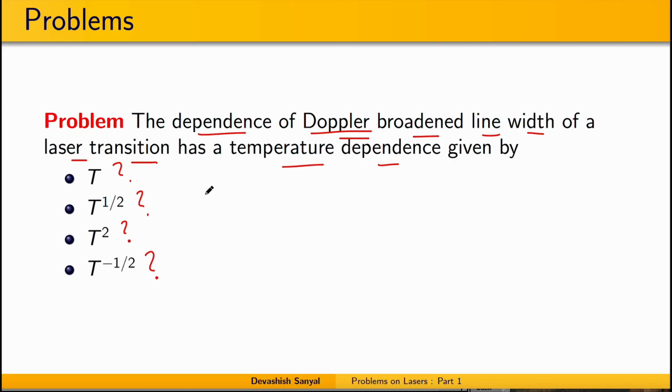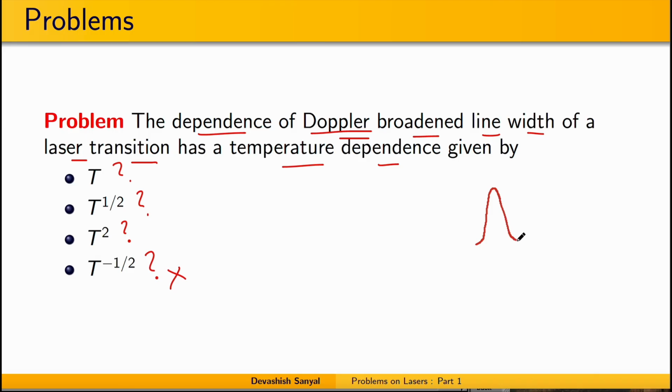So it should increase with temperature. T to the power minus half does not increase with temperature, so this is ruled out. The broadening has a Gaussian shape.